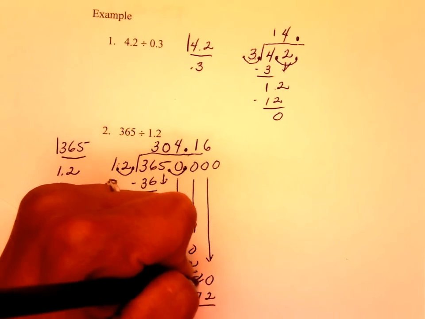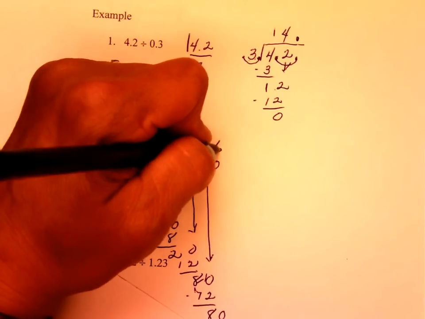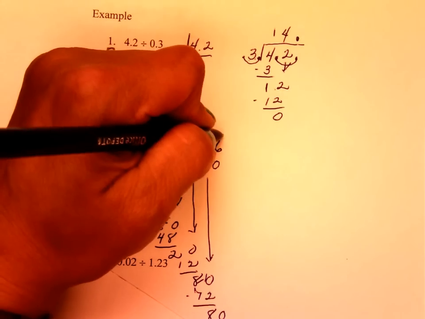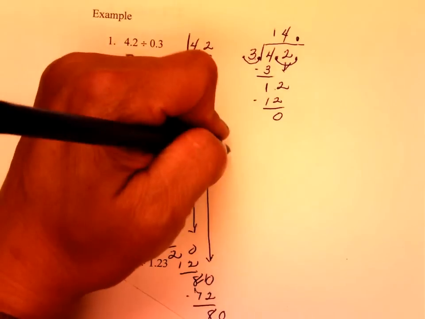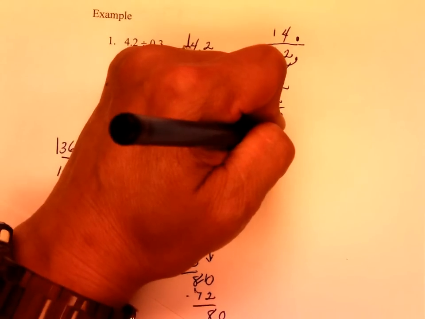Subtract and you get 8 and bring down the last 0. 12 goes into 80 6 times. Now this 6 is going to tell this other 6 to go up because it's a 5 and up means that the number goes up 1. So my answer is 304.17.